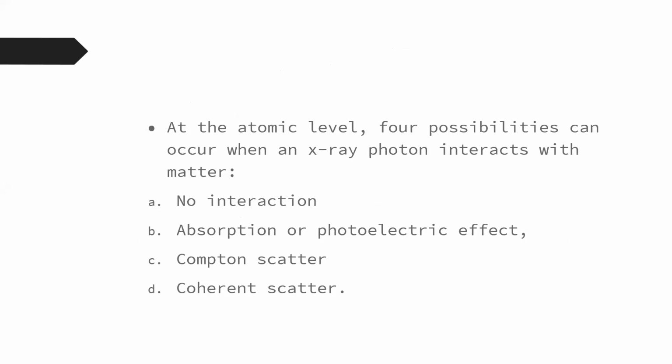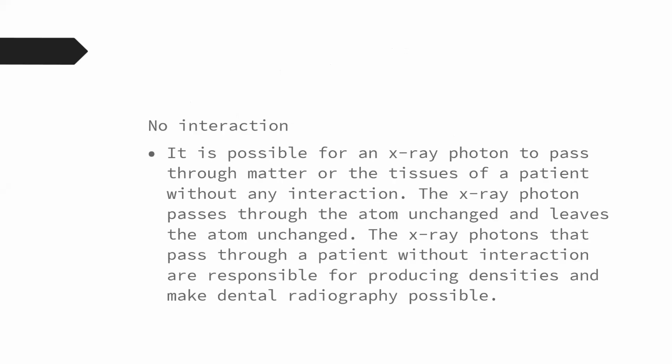Now, at the atomic level, there are four possibilities that can occur, right? We can have no interaction, absorption or photoelectric effect, we can have Compton scatter, and we can have coherent scatter. With no interaction, it passes through the patient, no harm is done, no atom changes.